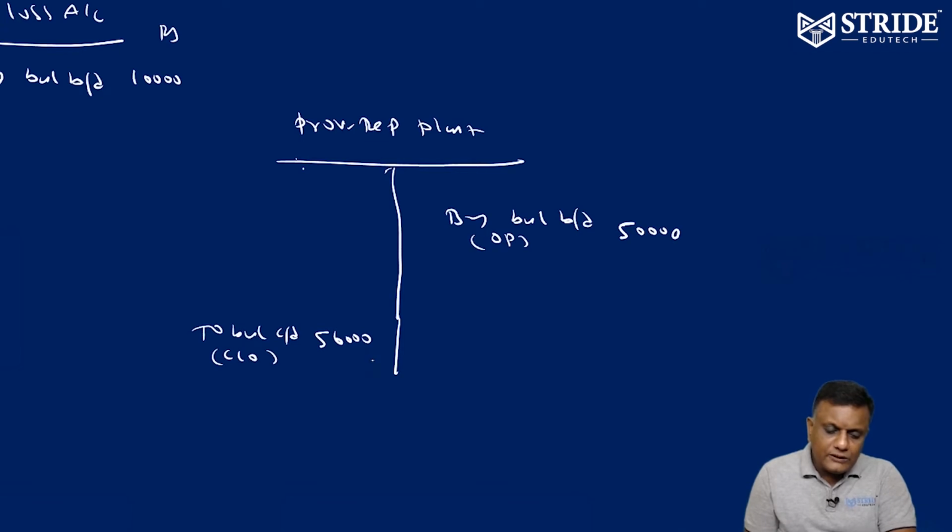Right, 56,000, plant. Now plant purchased 4,000, depreciation 2,000, sold for 800, which means this depreciation is already gone. This depreciation on plant, we sold.